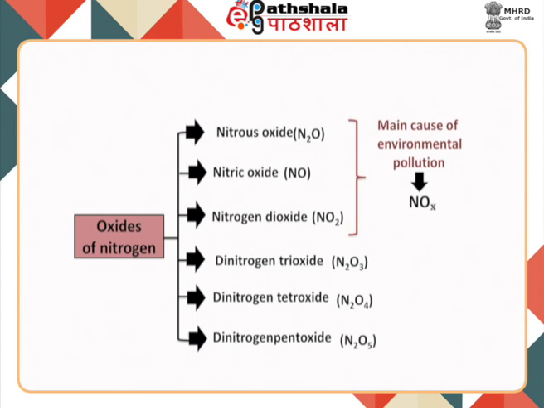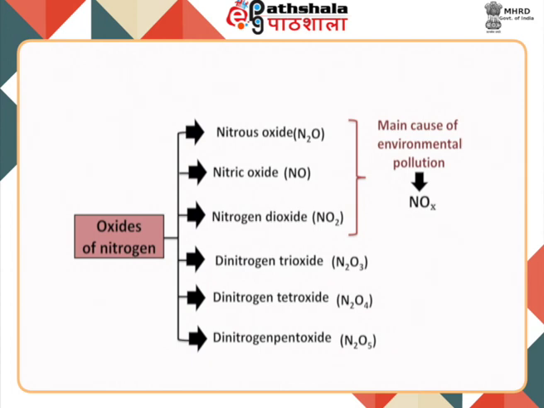These are nitrous oxide N2O, nitric oxide NO, nitrogen dioxide NO2, dinitrogen trioxide N2O3, dinitrogen tetroxide N2O4 and dinitrogen pentoxide N2O5. However, only the first three, that is N2O, NO and NO2, are important from the point of view of environmental pollution.